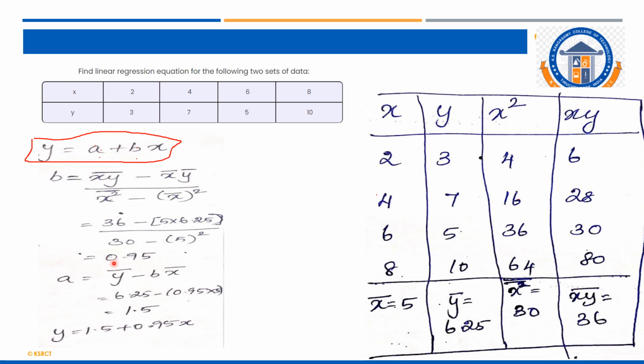On substituting the values, the b value obtained was 0.95. A is equal to y mean minus b into x mean. On substituting, we get a as 1.5. So the best fit line for the given data values is y is equal to 1.5 plus 0.95 into x.